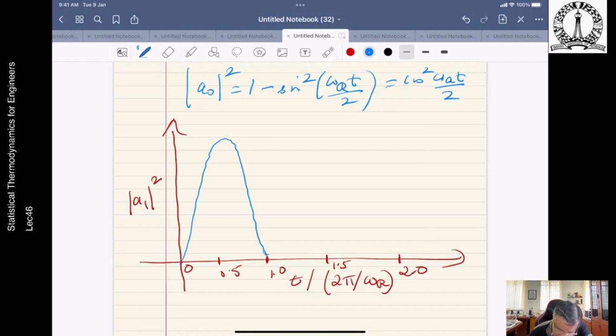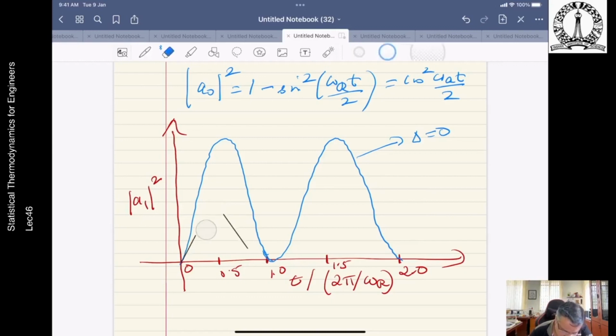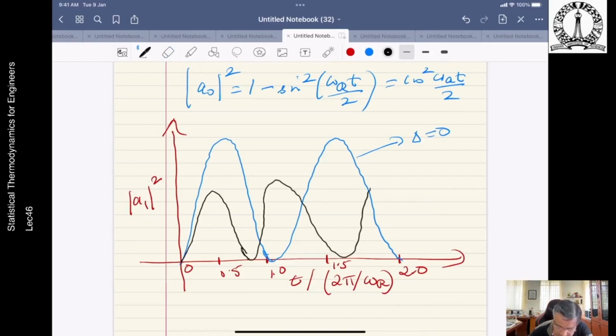Then let us take the detuning frequency equal to the Rabi frequency, which gives a curve like this; this is drawn for delta equal to omega r.